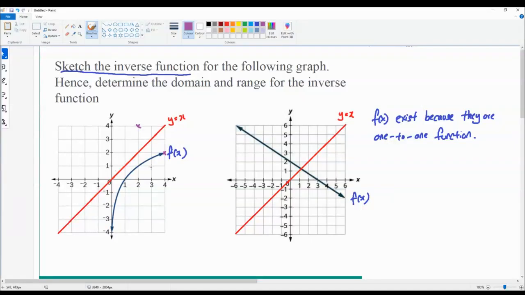And for f(x), the y-axis is the asymptote. So reflect through y equal to x line, now x becomes the asymptote. Again, it passes through 1. So the graph of inverse looks like this. Oh, no. I should draw nicer. So it should be like this. So this is my f inverse curve. The same for this one.